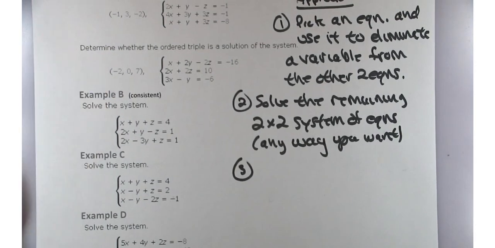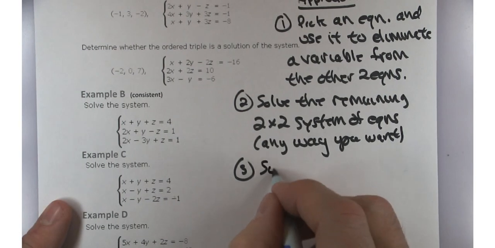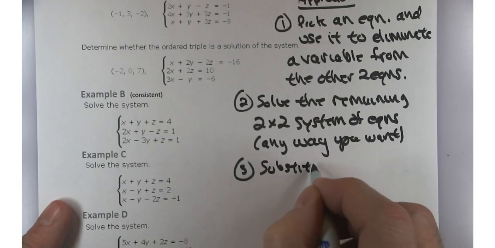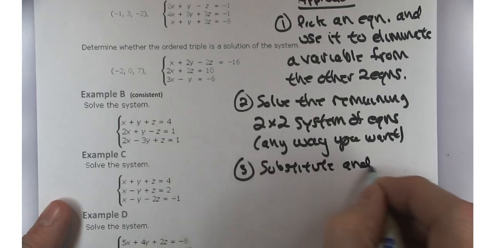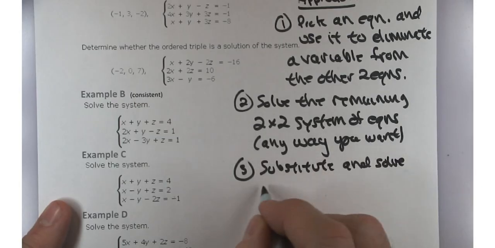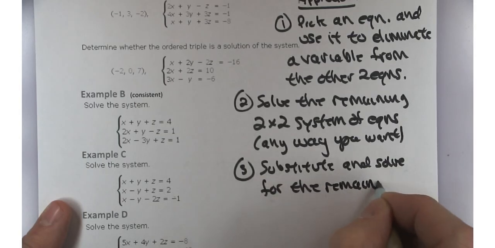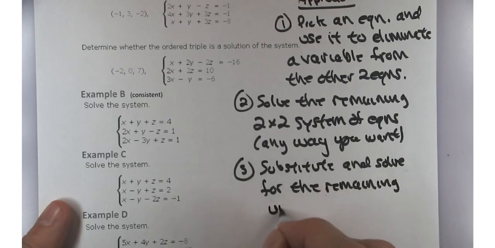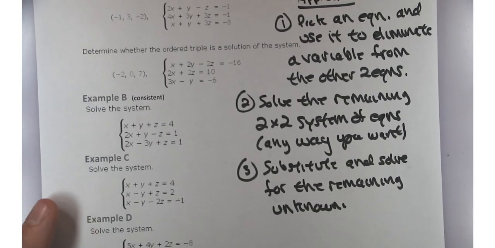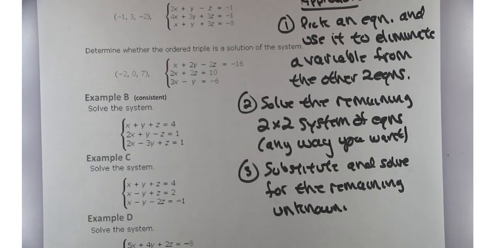And then finally, substitute and solve for the remaining unknown. Okay, so that's the game plan. Let's put it in action, and we'll do that with example B here.